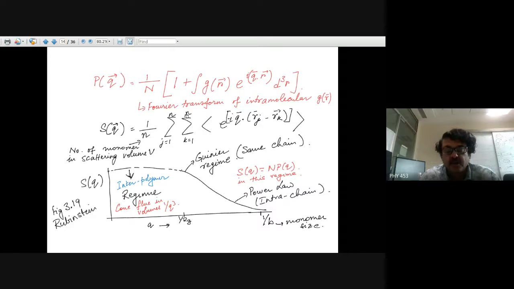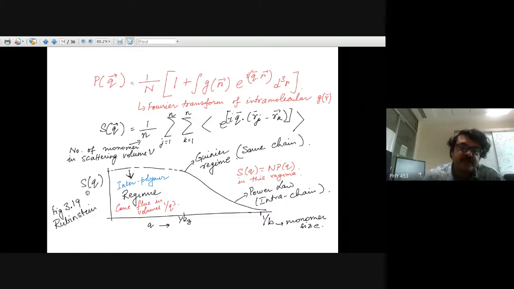You take all possible pairs of monomers, calculate e to the power i q dot (rj minus rk), and take a statistical average over it. This is over different conformations of the chain as it keeps on changing conformations due to thermal fluctuations.